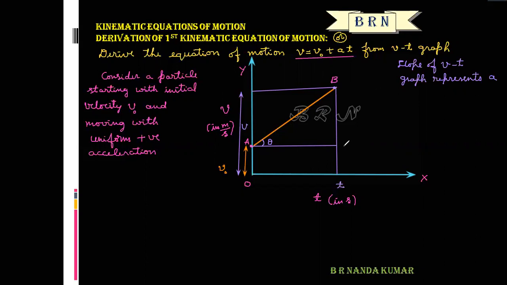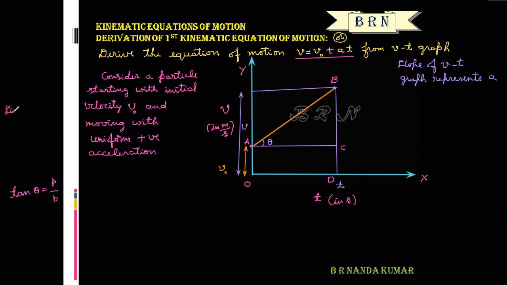Okay, let's consider this point as C, this point as D. So here slope is actually tan theta. So tan theta is perpendicular divided by base. Is it not?